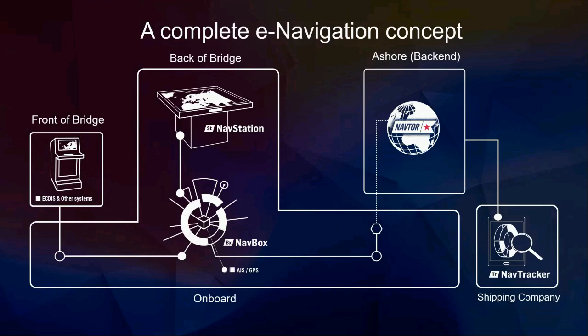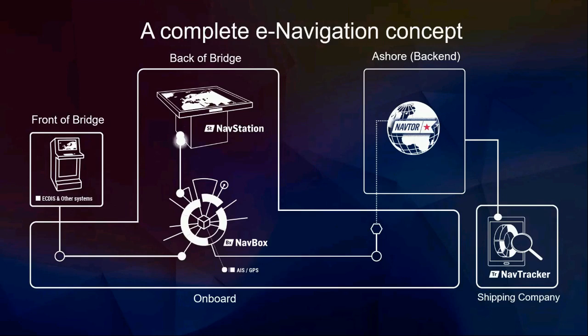We see the flow of information to front of bridge, but also that information flow goes to the back of the bridge to, we're showing here, the NavStation. This can, of course, be a gigapad, as we're showing, or it could be a normal computer set up at the back of bridge, an admin PC, or a dedicated planning station.